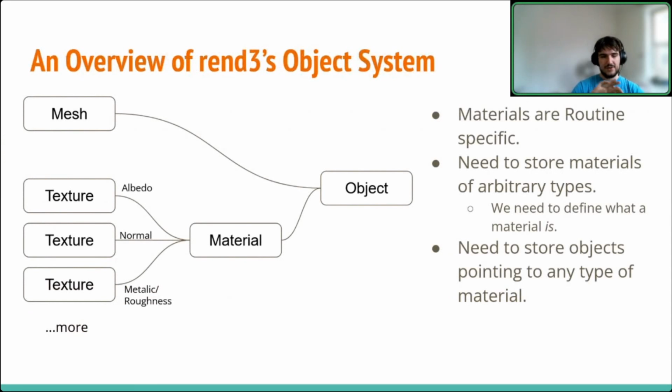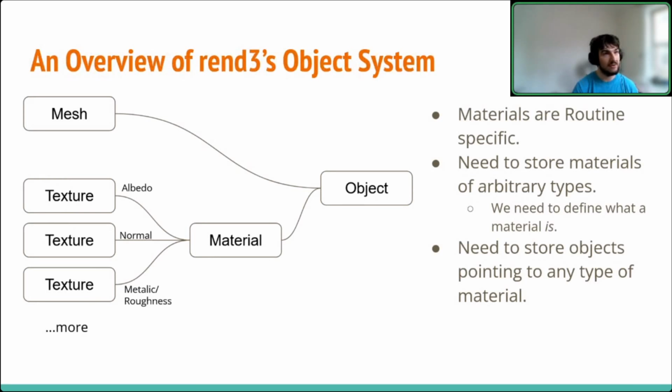All right, so I mentioned this before. This is a very clear overview of rend3's object system. So objects have materials, materials have textures, and an object also has a mesh. Important things. Materials are render routine specific because the only thing that needs to know what a material is, is the shader that's rendering it.